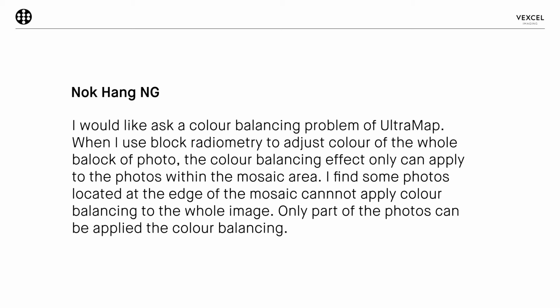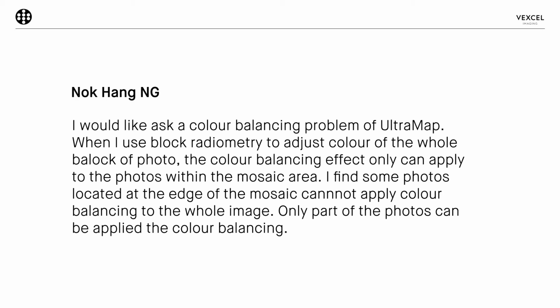So in short, this question is related to our procedure of running the color balancing first on a low resolution DSM and orthomosaic of all images in the project area, and then doing the adjustment for this low resolution overview ortho and transferring all the information back to the single input images.